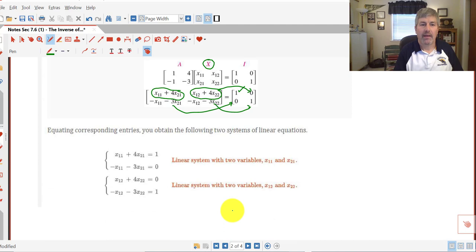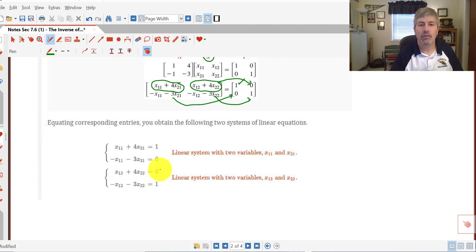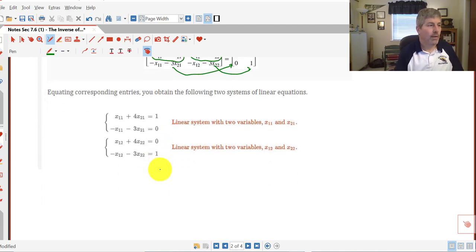Equating the corresponding entries, you obtain the following two systems of linear equations. We match up our subscripts and we come up with our two systems of linear equations, and then we can convert those into matrices. The top one here is the augmented matrix 1, 4, 1, and negative 1, negative 3, 0.